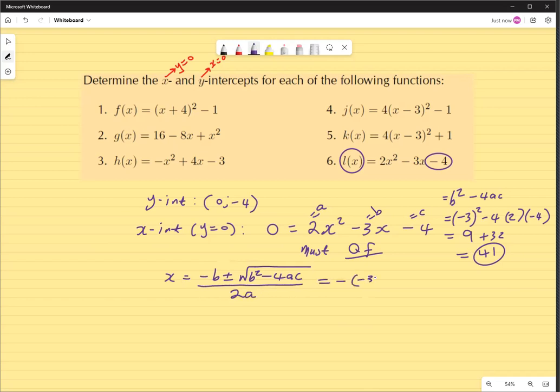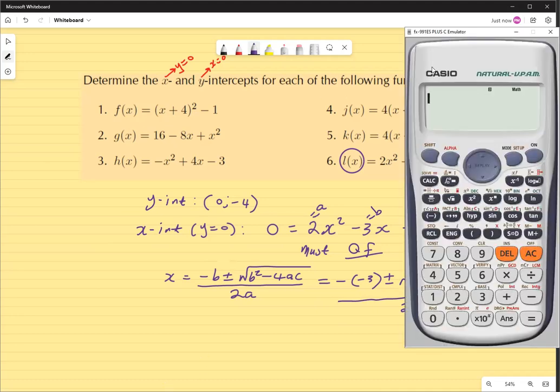We have -3 as our b, plus minus the square root of (-3) squared minus 4. What is my a, ladies and gents? My a is 2. Then my c is -4, all over 2 times a, which is 2, right? Now we're going to put that into the calculator and see how much we get.